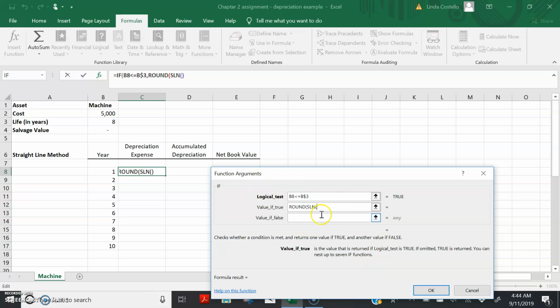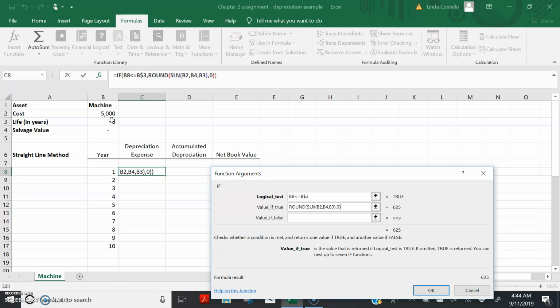And I put in another parentheses, the cost, comma, the salvage value, comma, the number of total years in its life, in that parentheses, then put a comma and tell it how many decimals you want it to round to, which would be 0.